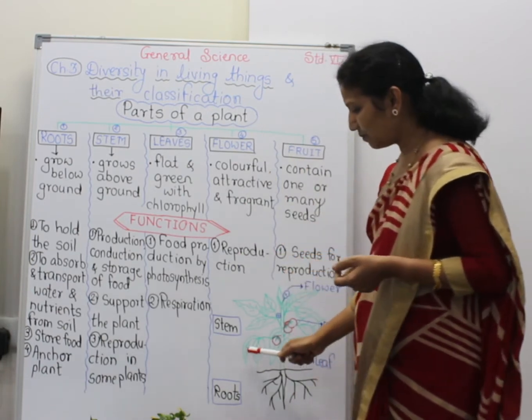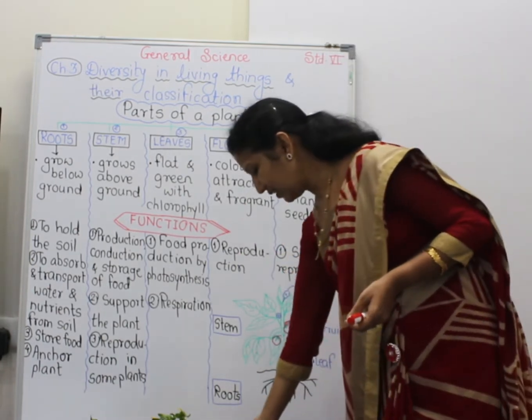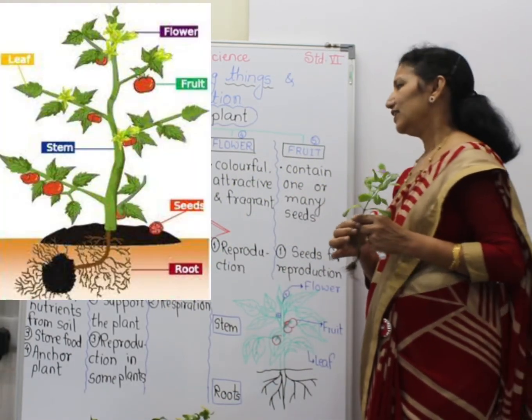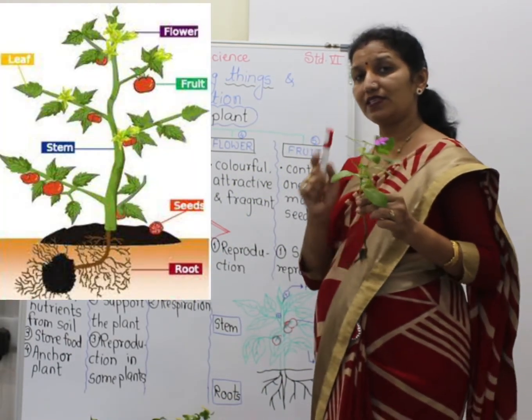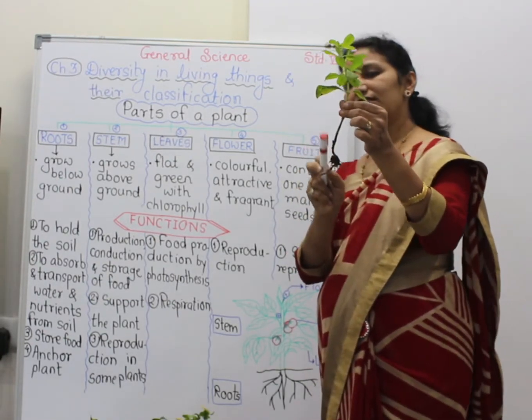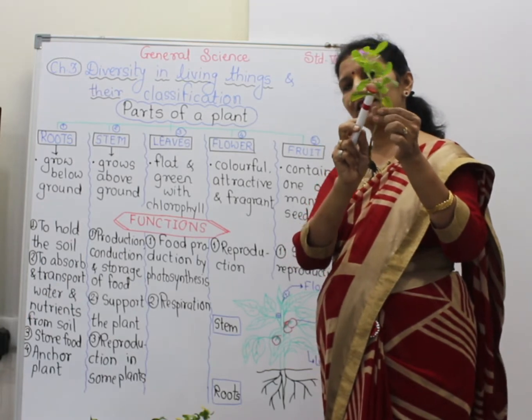So this is a plant. See, this is a plant. Now this plant is divided into two main parts. These are roots and this is stem.